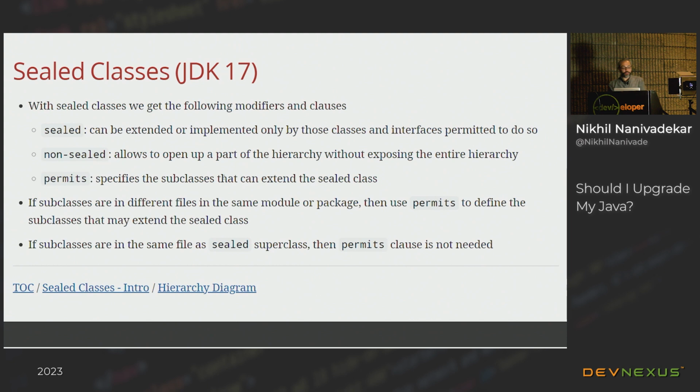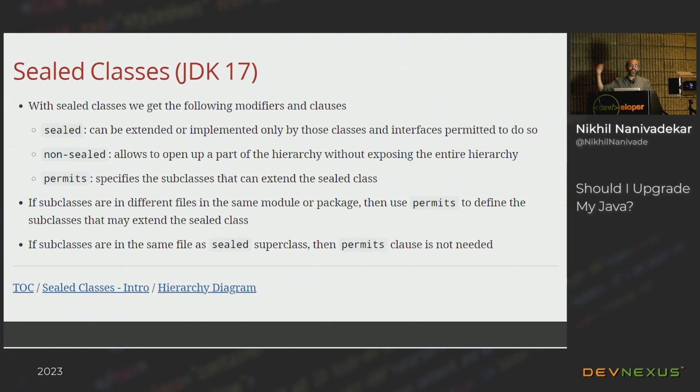A few things that I found out while writing the talk: if subclasses are in different files but they're in the same module or package, then you have to use permits to define the subclasses that may extend the sealed classes. In case subclasses are in the same file as the sealed superclass, you don't need to use the permits clause.